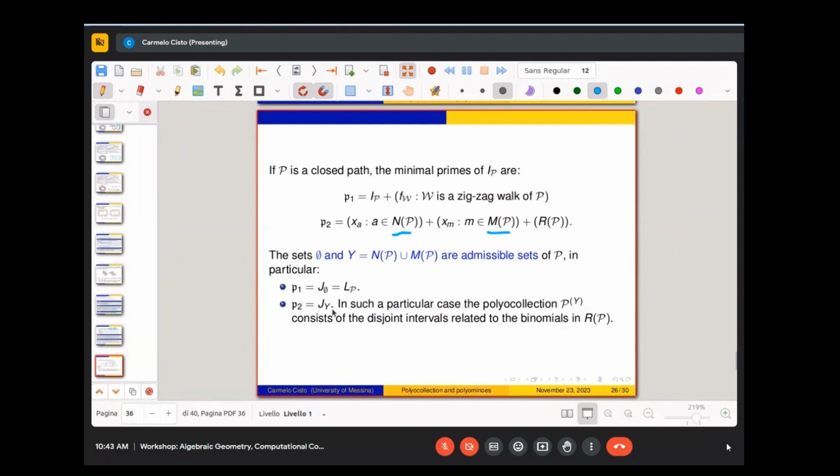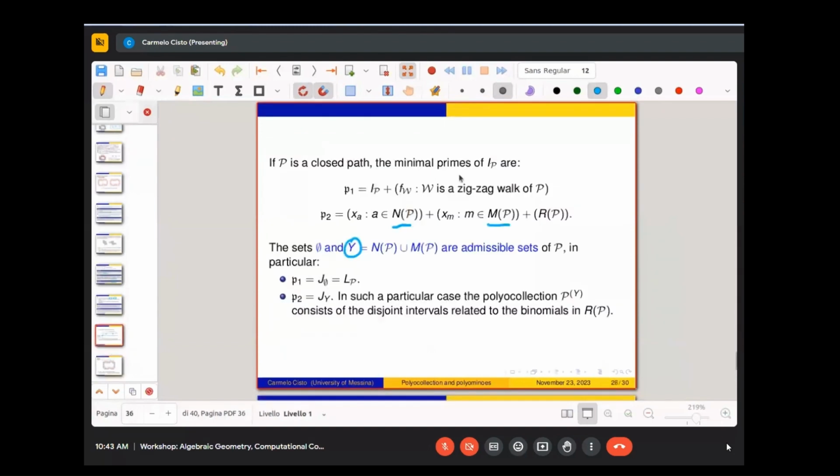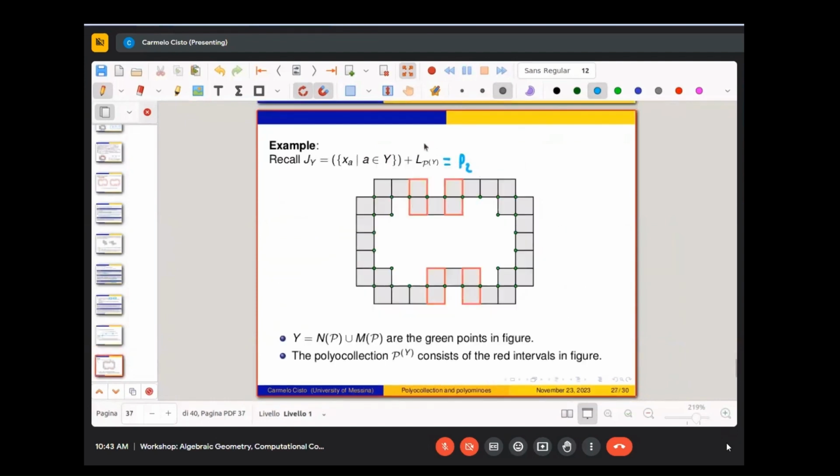And in particular, if we want to see better this admissible set Y, we can say that this is exactly P2, I write here, and it is exactly the sum of the monomials associated to the admissible set Y, and the set RP is exactly the lattice ideal associated to the collection PY.